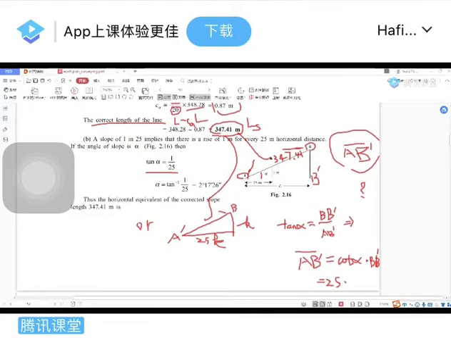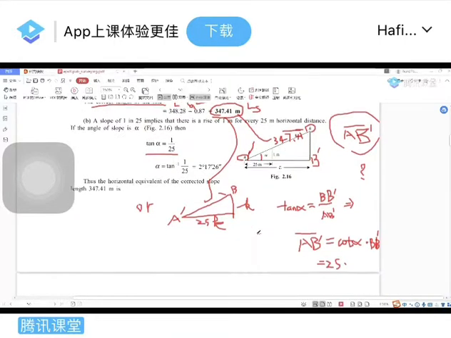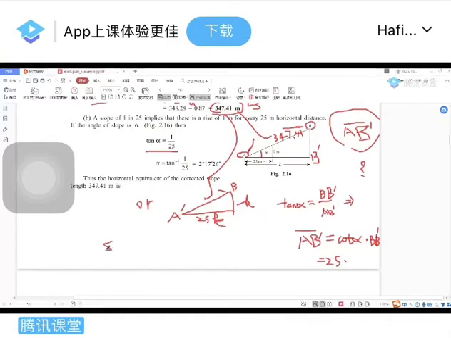For BB prime, you have to use the information over here. What kind of information? BB prime is indeed using sine alpha. A little bit of trigonometry: sine alpha equals BB prime divided by AB.